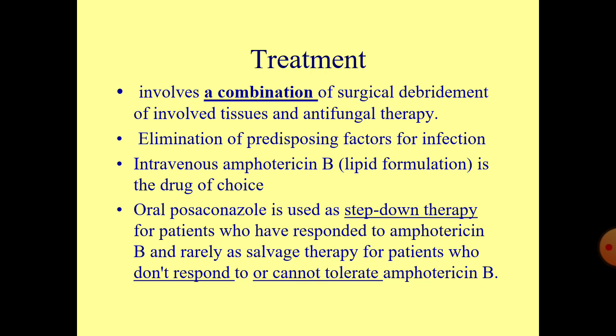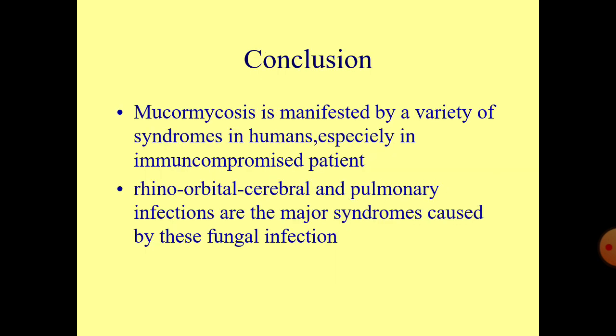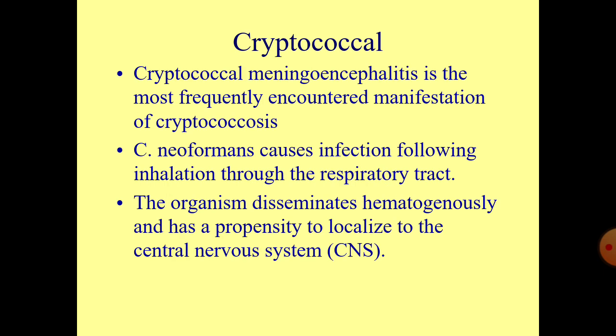Posaconazole can be used in patients who have been on amphotericin for a long time, and as step-down therapy for patients who are responding to amphotericin B. It is also rarely used as salvage therapy for patients who do not respond to or cannot tolerate amphotericin B, because as you know, amphotericin B has many complications, and sometimes we need to replace this drug, especially if the patient is intolerant or because of adverse effects.